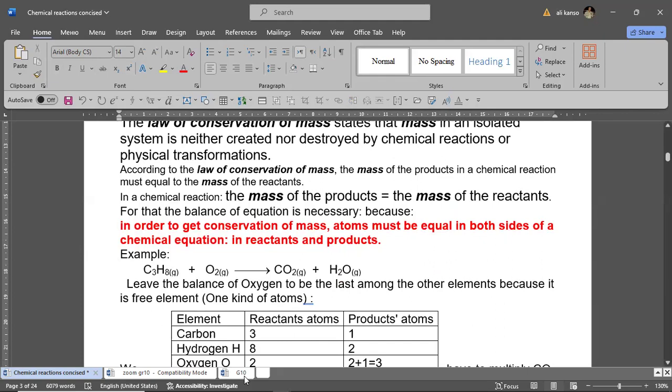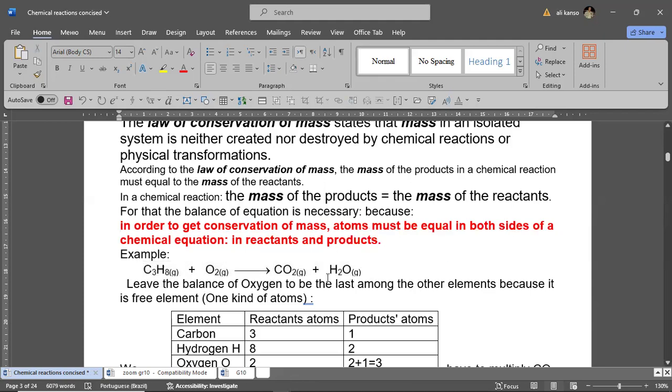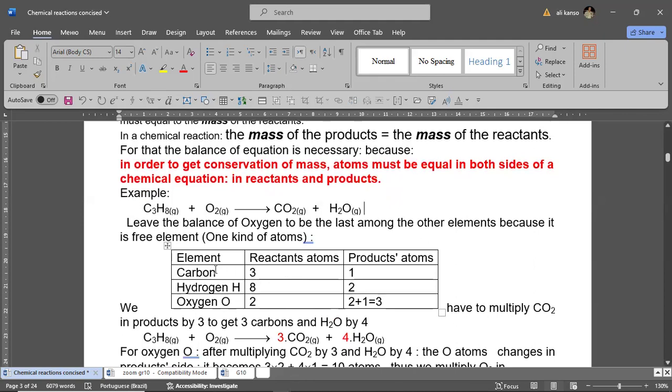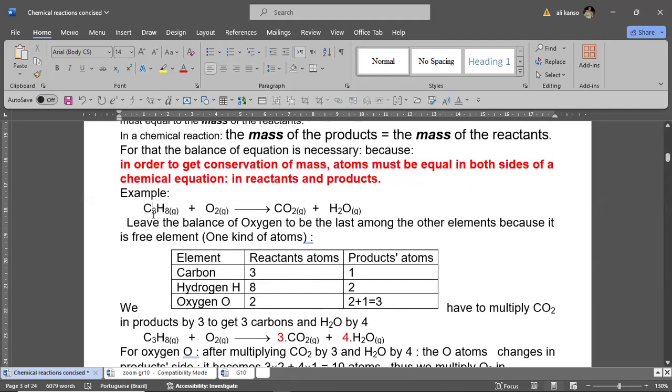Let us start applying the balancing. If you have such a reaction and you have to balance it, you should know that we have a reactant side. Always in a chemical reaction, we have substances.